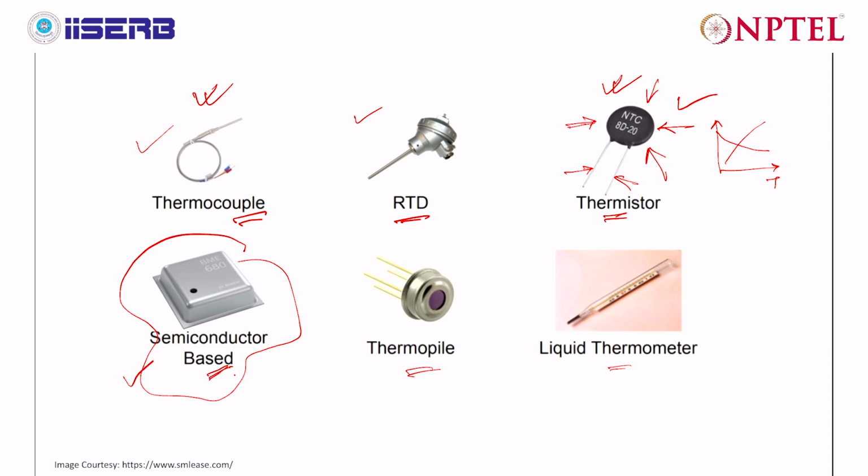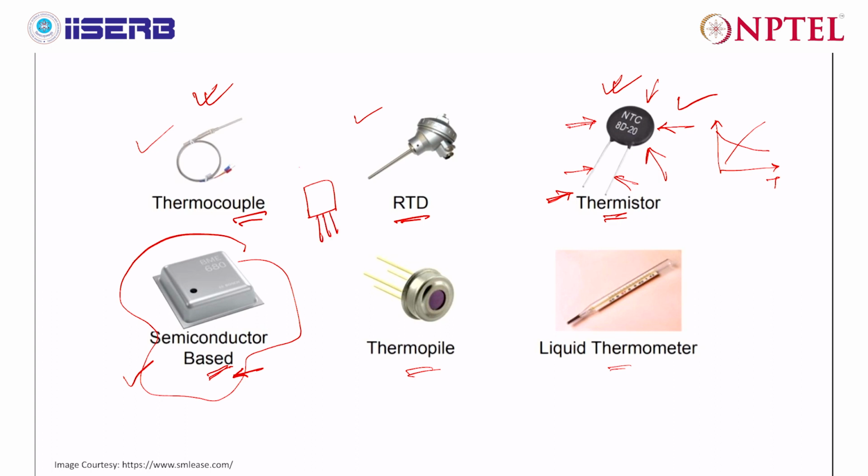In case of semiconductor material, we see that if you increase the temperature, the resistance of that material will change. That is how usually the semiconductors behave. So in that case, you can actually use a semiconductor material as an active material of a thermistor. That is also possible.